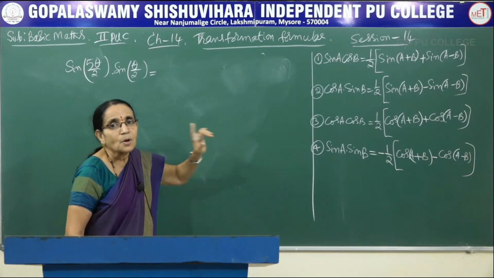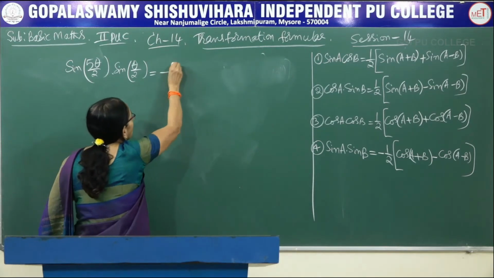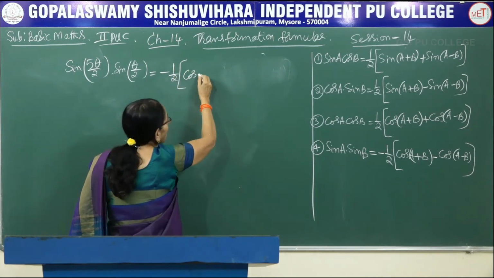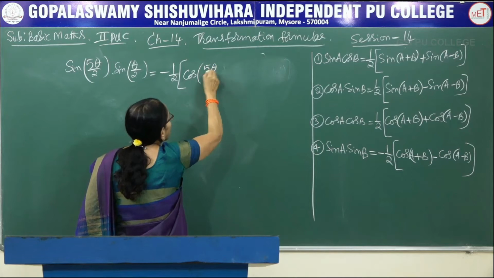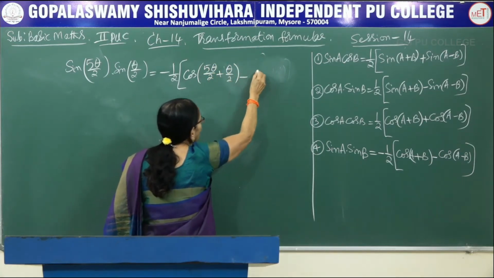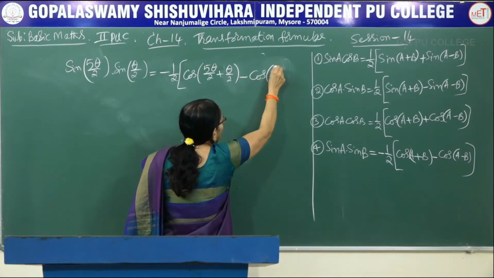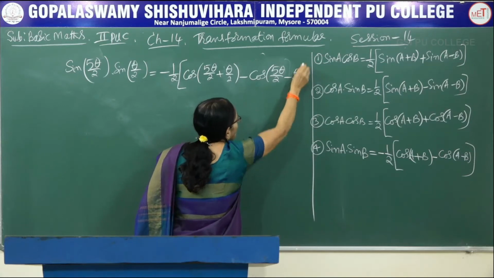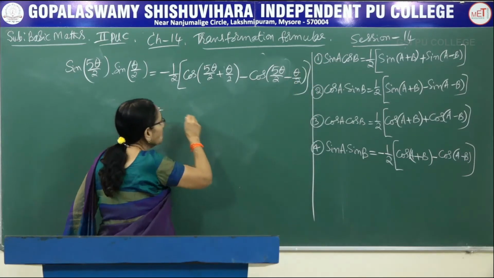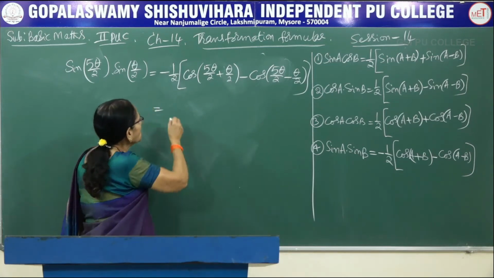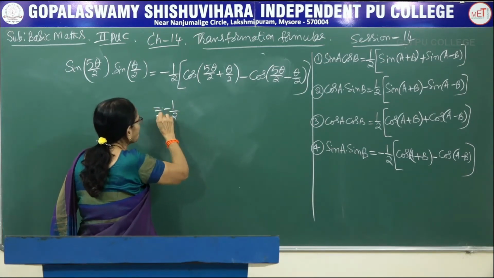It is a difference of two cos functions, right? Minus half of cos of A plus B, that is 5 theta by 2 plus theta by 2, minus cos of A minus B, 5 theta by 2 minus theta by 2. Be careful, only in this formula we get the minus sign there. Now you can further simplify this.